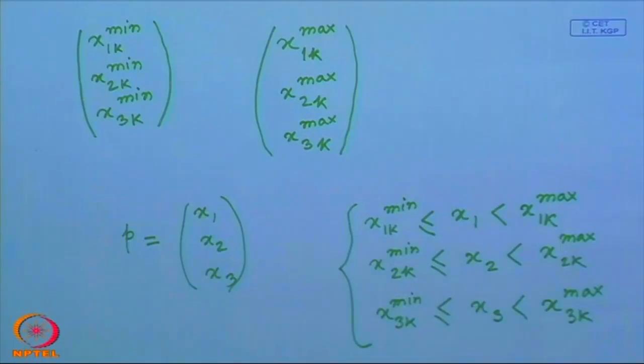So, by using this, given a set of 3-dimensional vectors, I can find out how many of these vectors are falling under which bin. Okay.